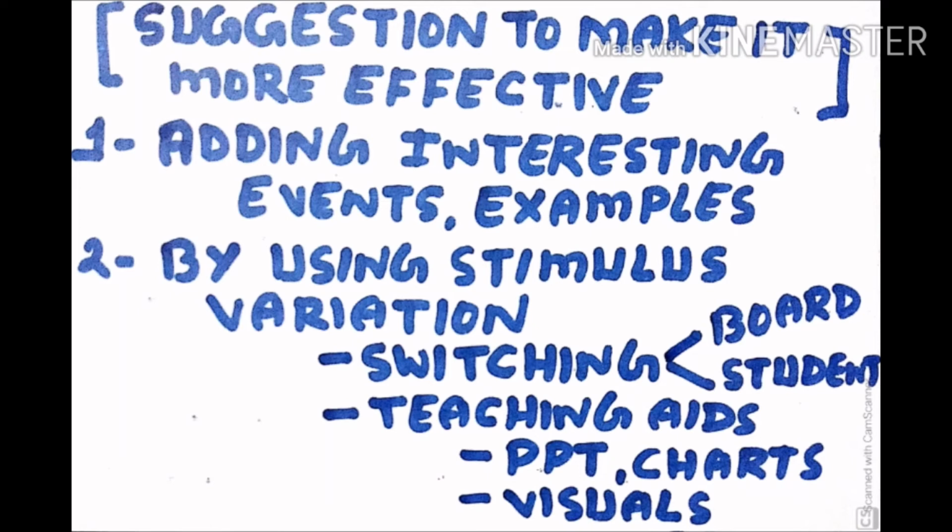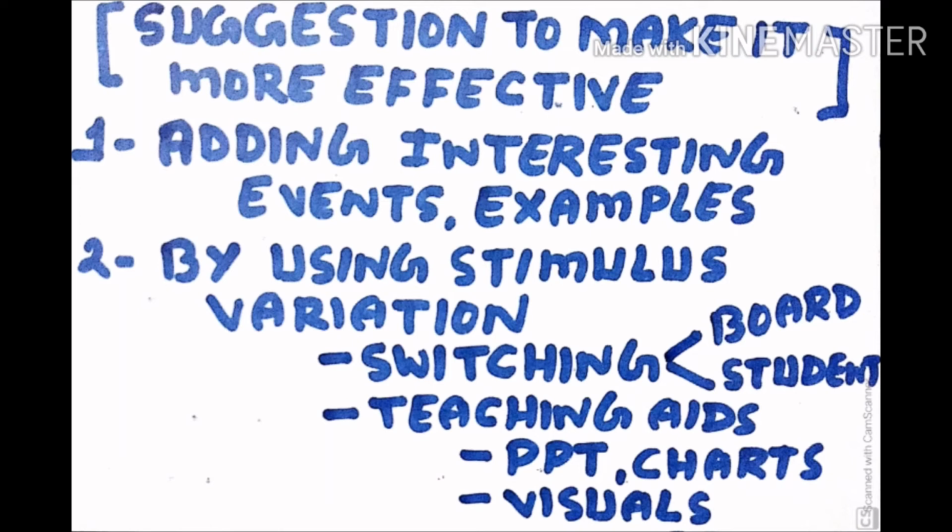Sometimes they may use a teaching aid. They may use a PPT as well. They can show charts, some visuals and videos. So this stimulus variation can make the lecture method more appropriate and effective.